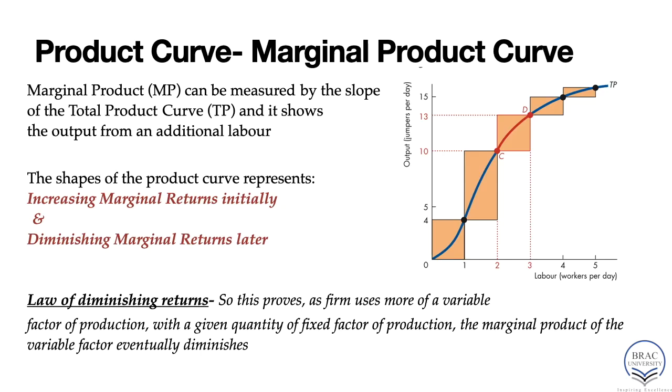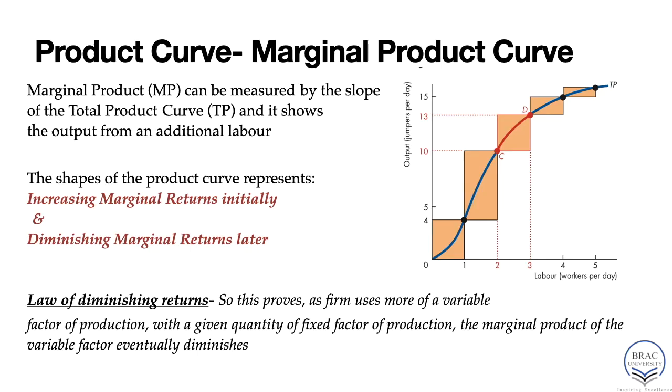Next, we have diminishing marginal returns. This occurs when the marginal product of an additional worker is less than the marginal product of the previous worker. To put it simply, when more workers are added and are using the same machinery in the same plant, there is less and less for the additional worker to do that is productive. If we look at our case here, when we add the third worker, they are not producing as many jumpers as the second worker.